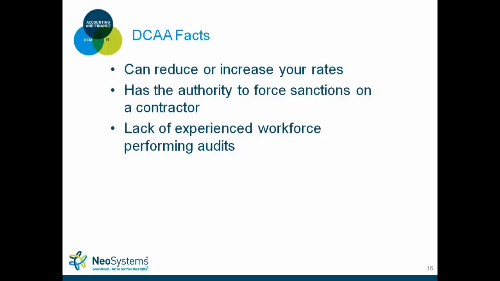But the point is that since the auditors are inexperienced and following the book, there's really no gray area that they can choose from, nor do they have the ability to make that type of decision saying, okay, yes, you're right, that's very minor, I'll let it pass, I won't put it on the audit report. So that's really the one big concern that government contractors are facing nowadays when they're dealing with DCAA audits.